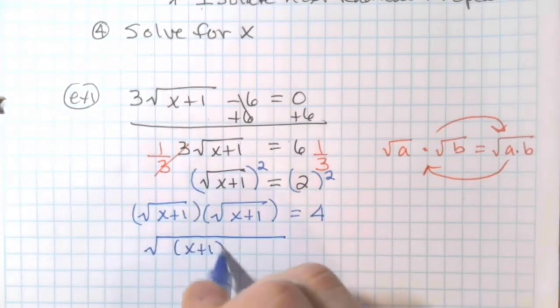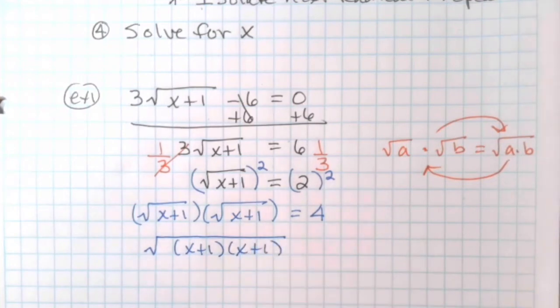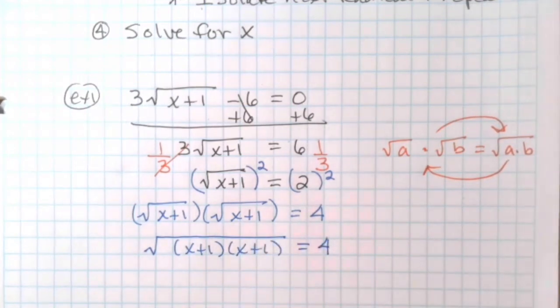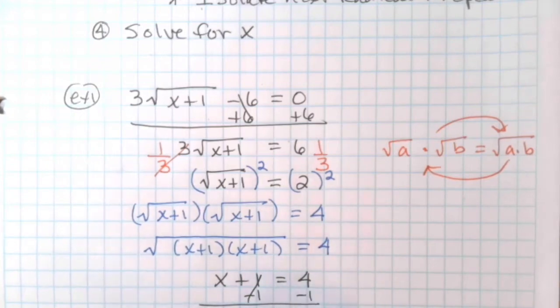And you have x plus 1 times x plus 1. That equals 4. So for 2 x plus 1's, 1 comes out, equaling 4. And then we just finish solving. X equals 3.